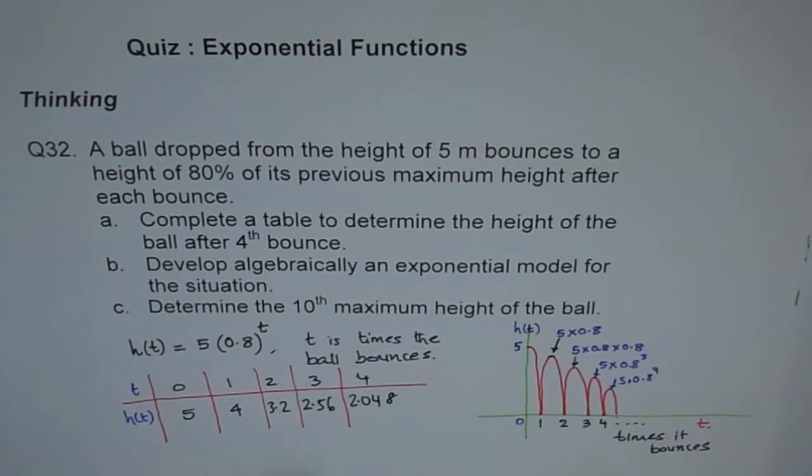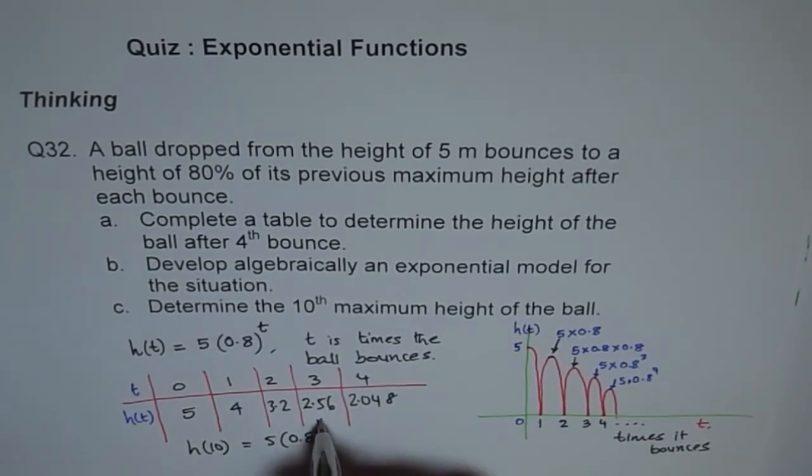Now determine the 10th maximum height. For the 10th maximum height, what should I do? We say h of 10 equals 5 times 0.8 to the power of 10. So 5 times, within brackets, 0.8 to the power of 10, which gives me 0.5368.